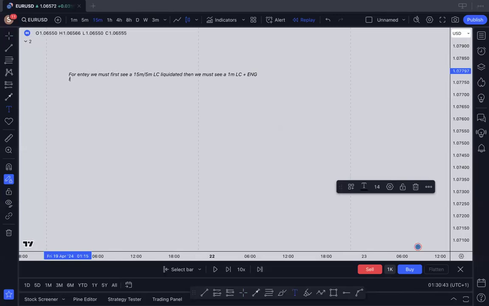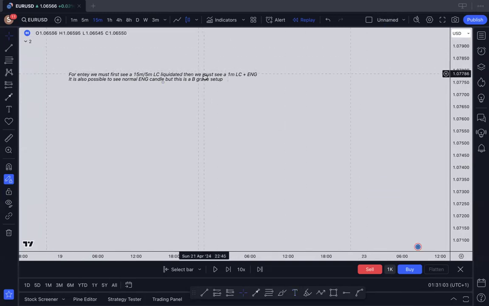It is also possible to see a normal ENG candle. It's a B grade setup.